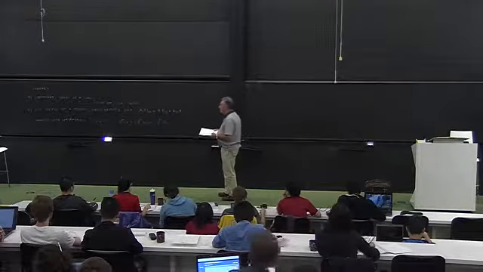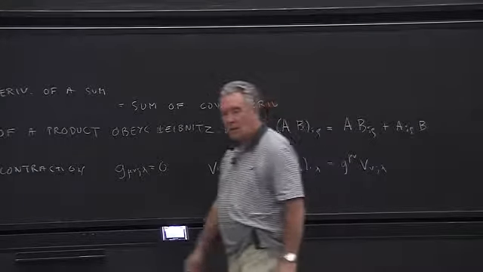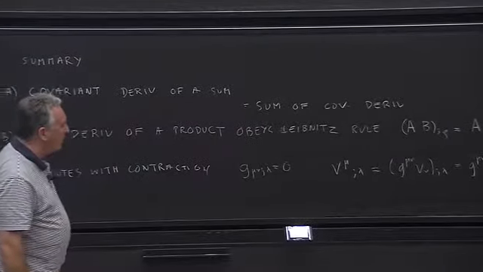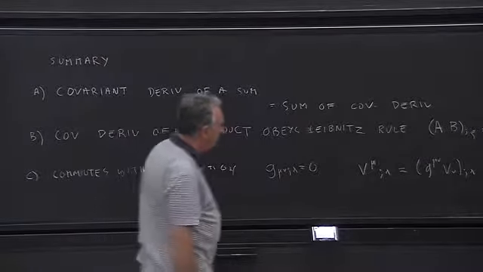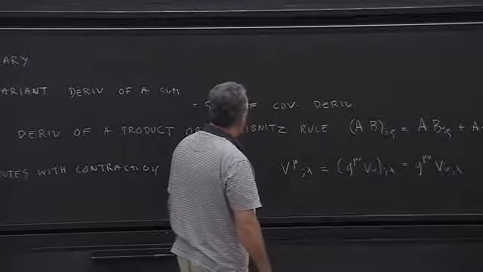Okay, I guess you're right. One speaks sloppily about contraction. I mean raising and lowering indices, but it's equally true for the Kronecker delta.